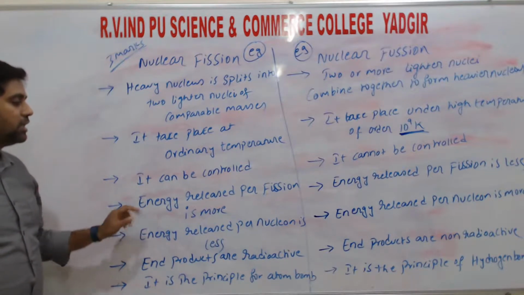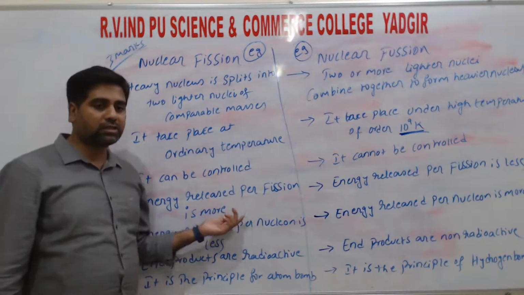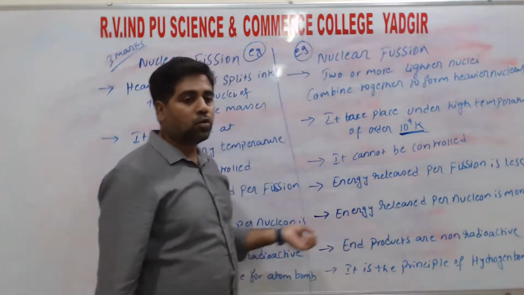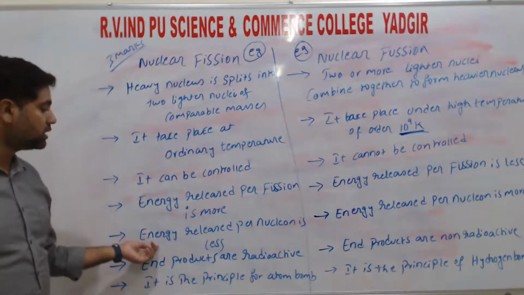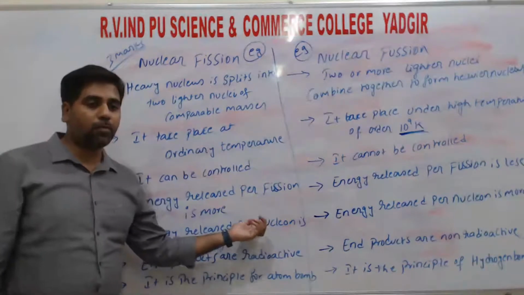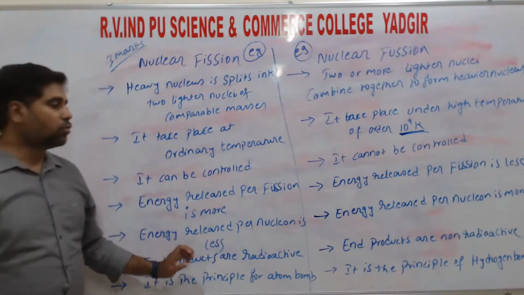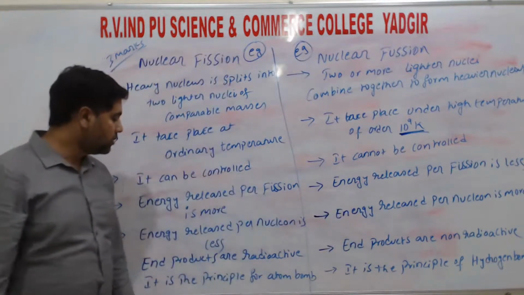Here energy release for fission is more, approximately 200 mega electron volt is released. Here the energy release for fusion process is almost around 1 or 2 mega electron volt, right? So energy release per nucleon, that is per proton or neutron, is less. Here the energy released per nucleon is more, right?